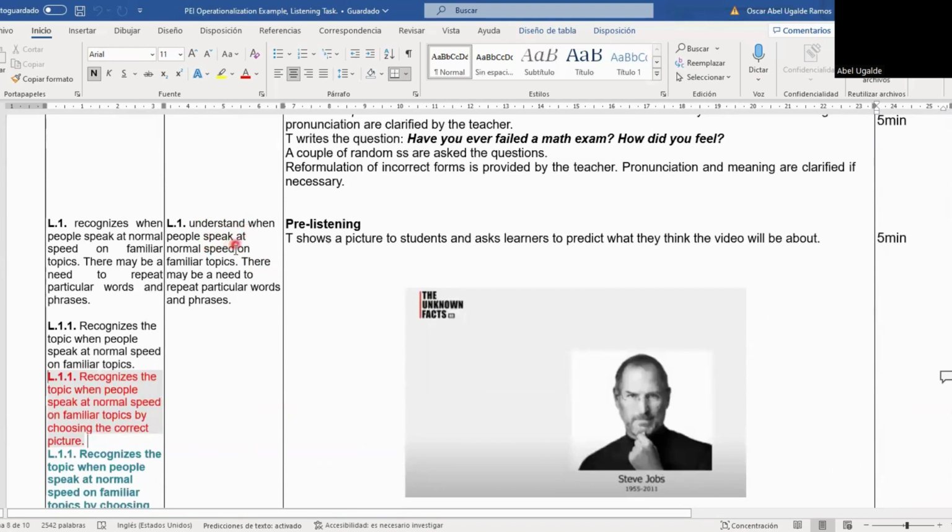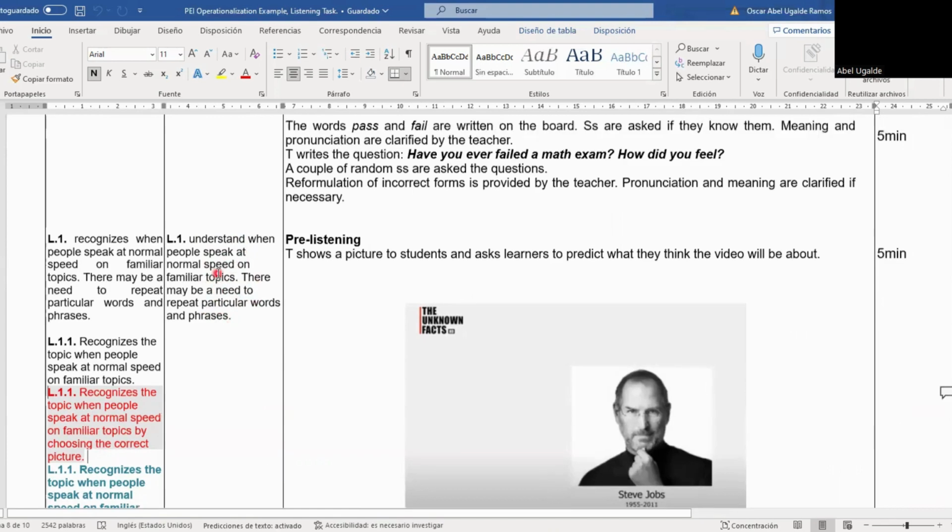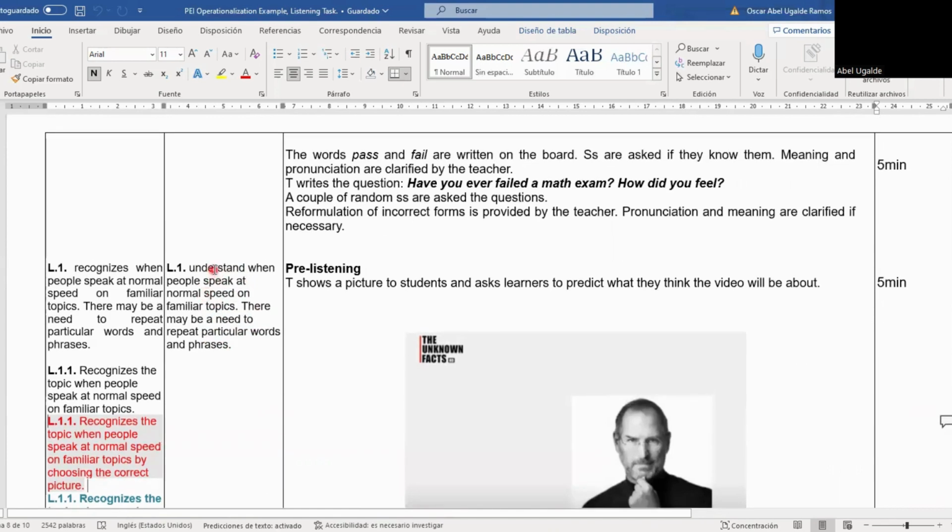Understand when people speak at a normal speed on familiar topics. There may be a need to repeat particular words and phrases. That's the goal. We have been discussing that the goal would be like a very general objective. And the goals are taken from the can-do statements in the Common European Framework of Reference.